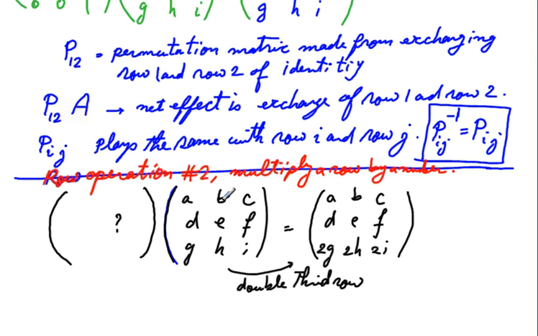Well, first row I don't want to touch it. Second row I don't want to touch it. So what do you think is a likely matrix here that leaves the first and second row untouched? Now, that portion of the identity matrix is the best thing we could use because it just doesn't do anything.